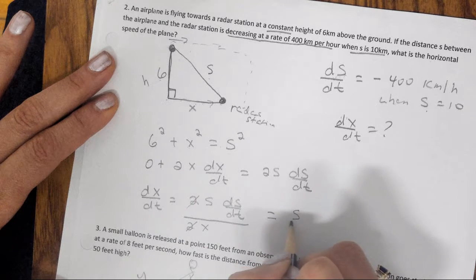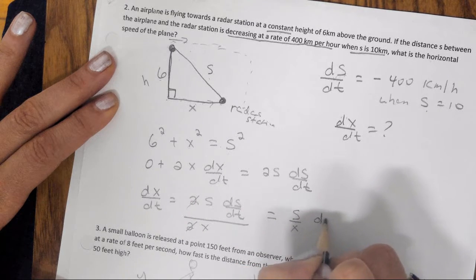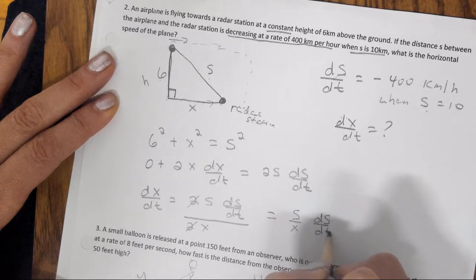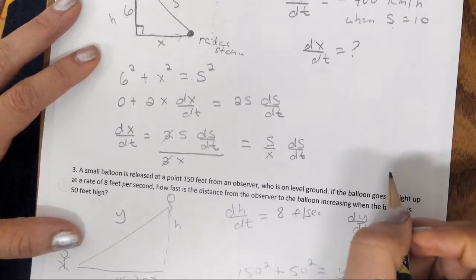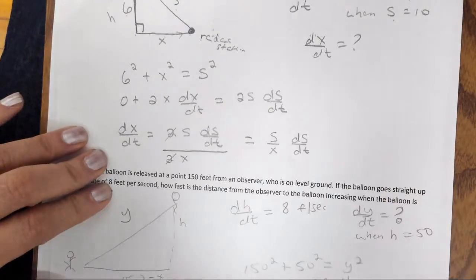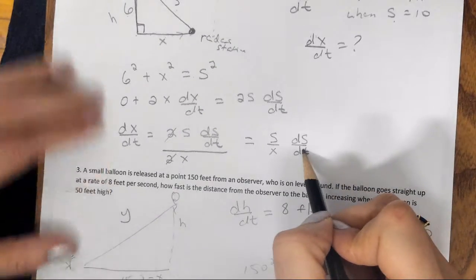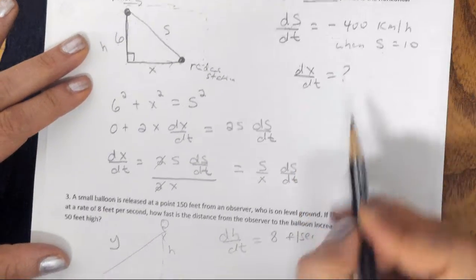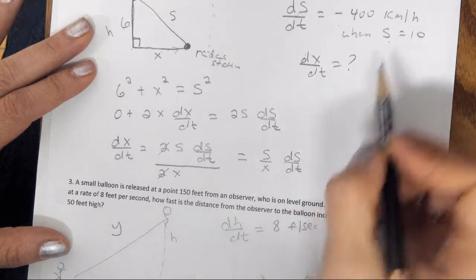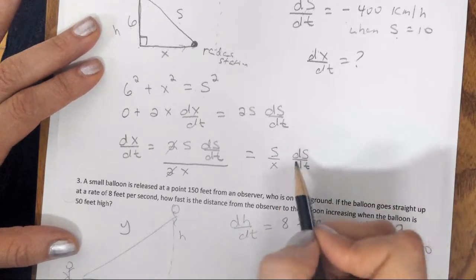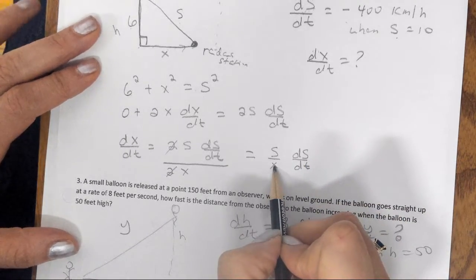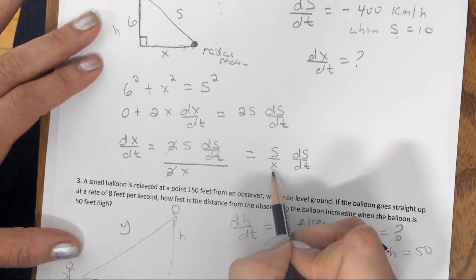And so I have s over x times ds over dt. So now I need to plug in what I know. I know ds over dt is negative 400. I know s equals 10, but I don't know x, but I can find x.